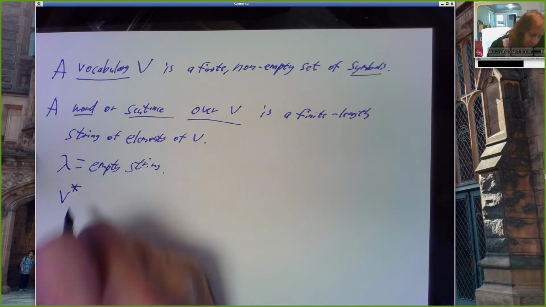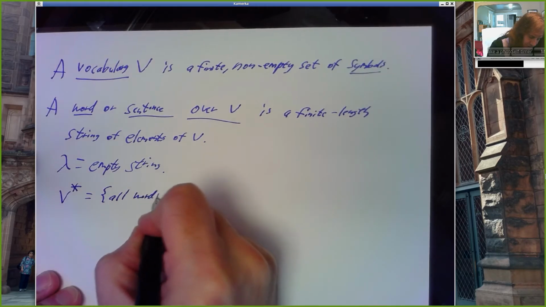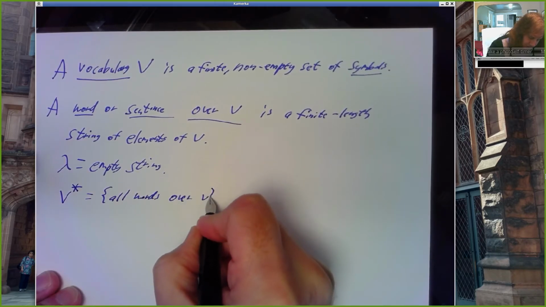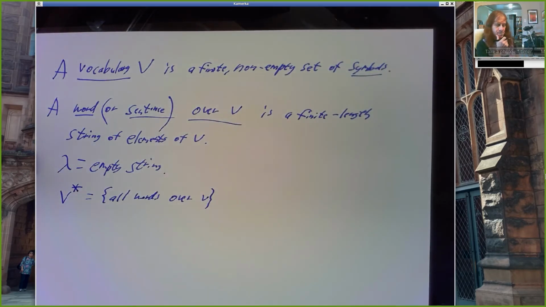Alright, we write V with an asterisk on top, and that's the set of all words over V. Let me put "or sentence" in parentheses, because I'll mostly stick to word. Okay, V star is the set of all words over V, so the collection of all finite strings of symbols from V. Suppose our vocabulary is the set of letters A through Z. Then a word over V is just a collection of letters.